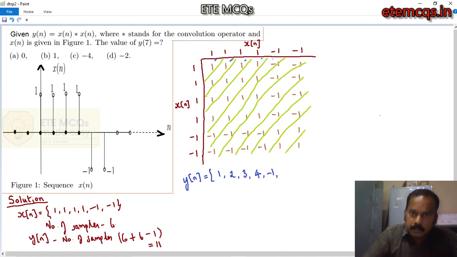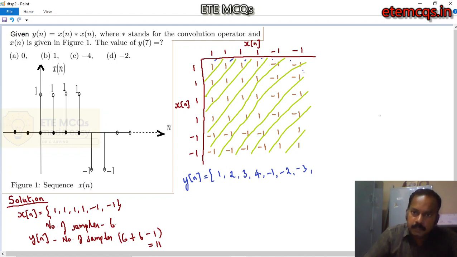Next, minus 1 is minus 2, and then plus 2, it becomes 0. Again you have a minus 2. Next you come here: minus 1 is minus 2, 1 plus 1 is minus 1, that is minus 3.